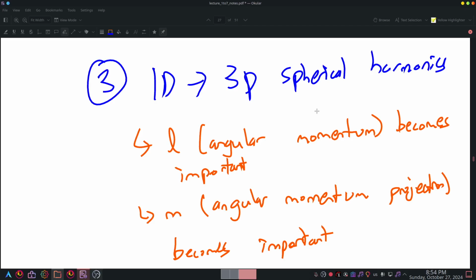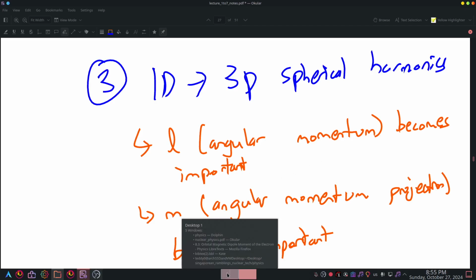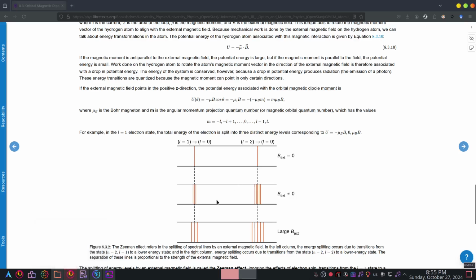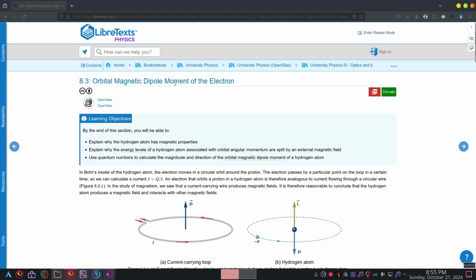L will represent the angular momentum. M will become the angular momentum projection. The other thing is that you also find that m is representing the orbital angular momentum number. So you'll see it right here under orbital magnetic dipole moment of the electron.